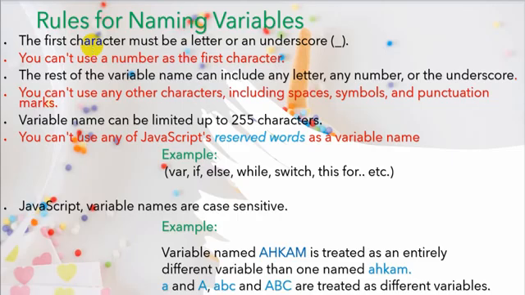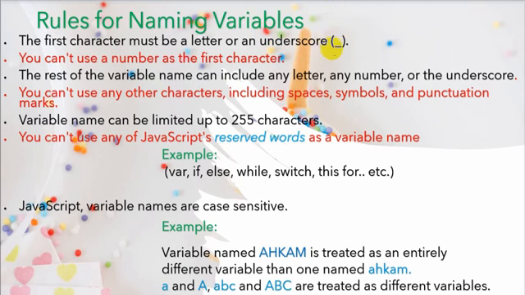We can declare a variable with a single character, or more than one character. The first character must be a letter or an underscore. I have written the symbol of underscore, this is the underscore. So you can start a variable name with a letter or with an underscore. Are you getting my point?